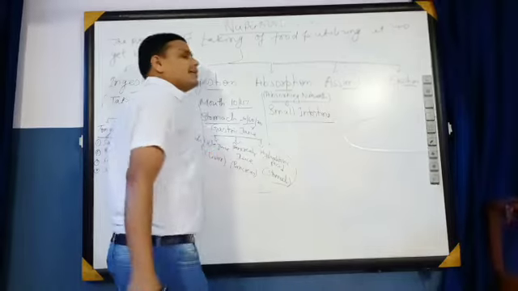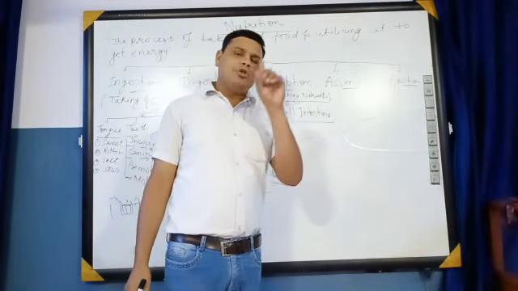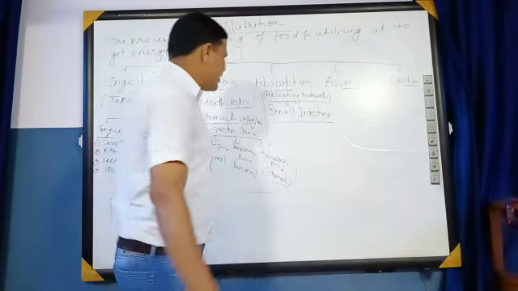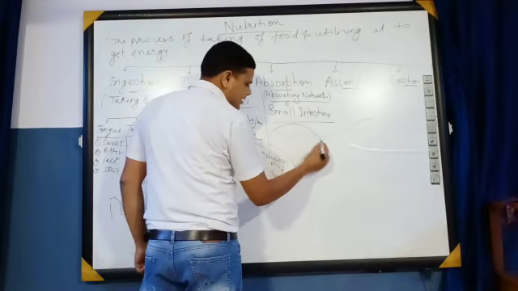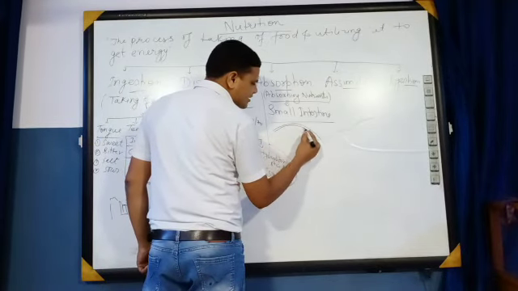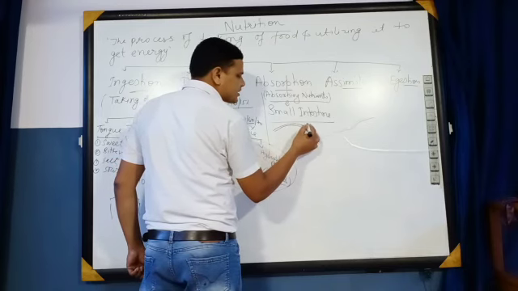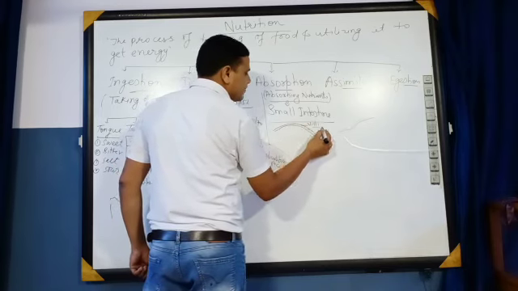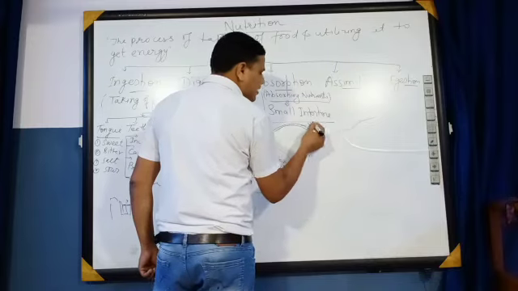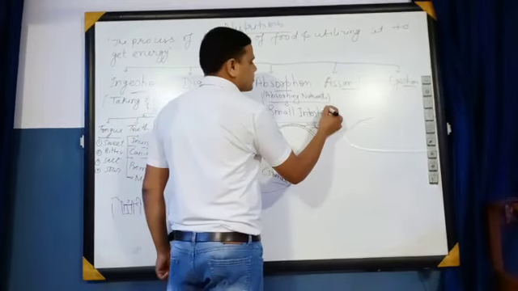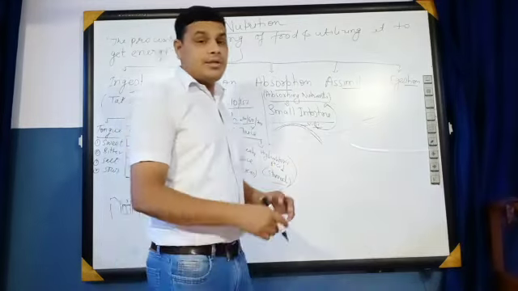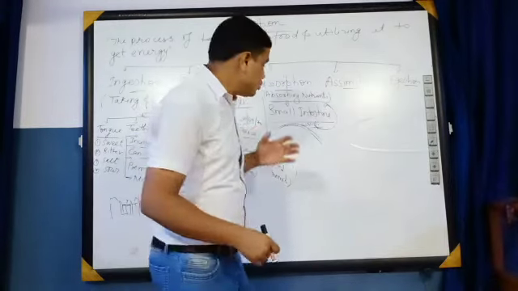Now how does the small intestine help in absorption of food? If we look at the small intestine, it has hair-like projections known as villi, and these villi are helpful in the absorption of nutrients.